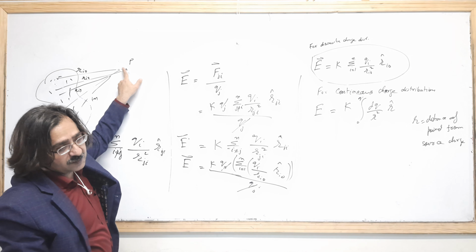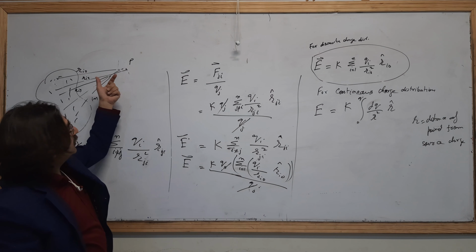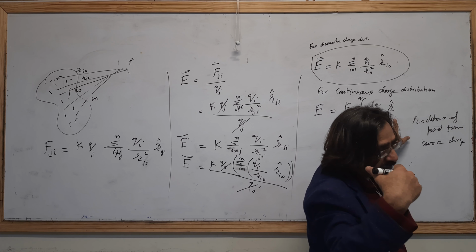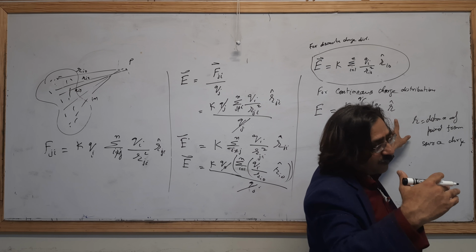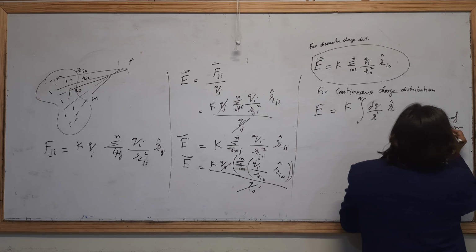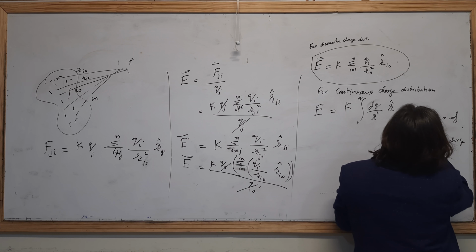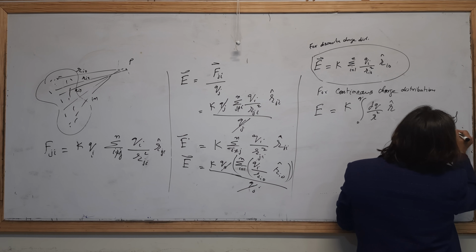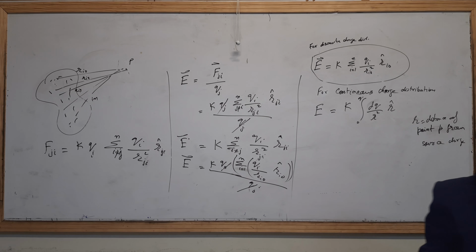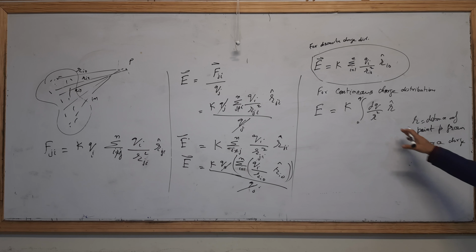Now the importance is the point P. R is not the distance of the test charge from the source charge; R is the distance of the point P from the source charge.